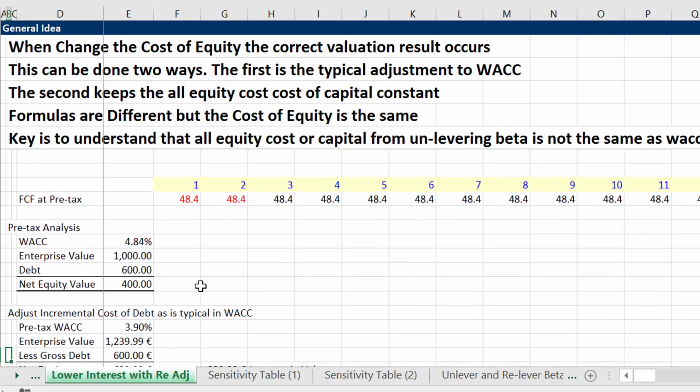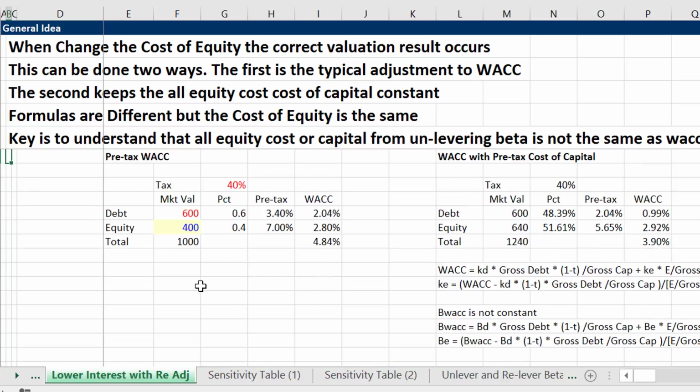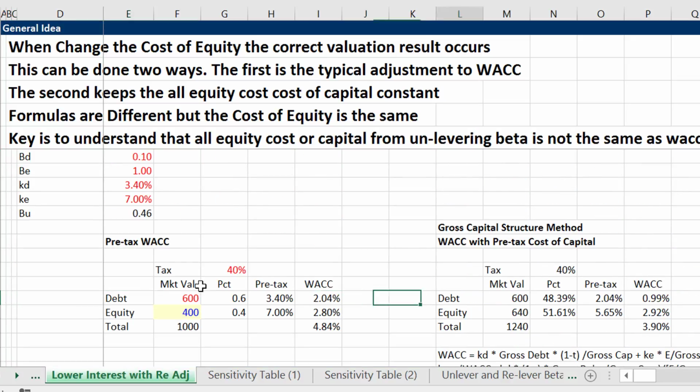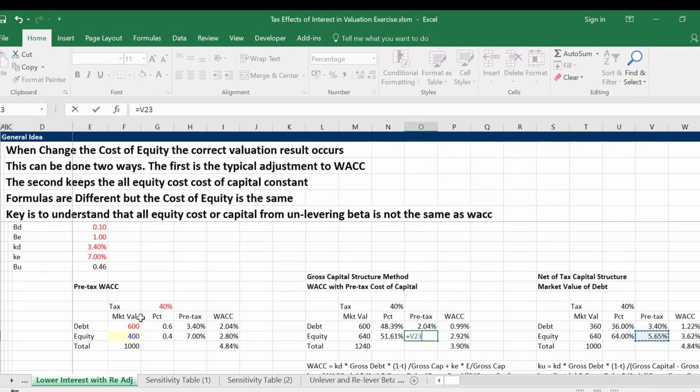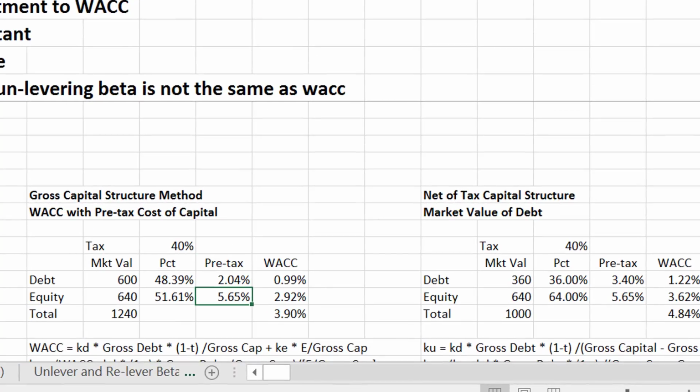Now if I use that same cost of equity that I just computed in the regular WACC calculation, notice something crucial. I had to go to this calculation to get it. Then I do the standard thing where I take this, and this should say after tax.